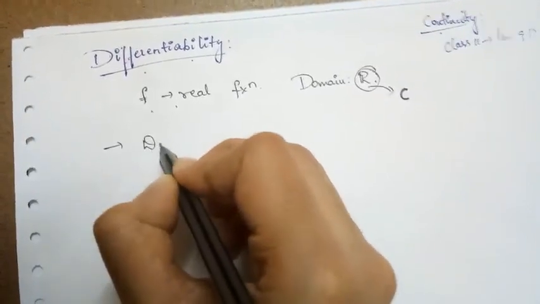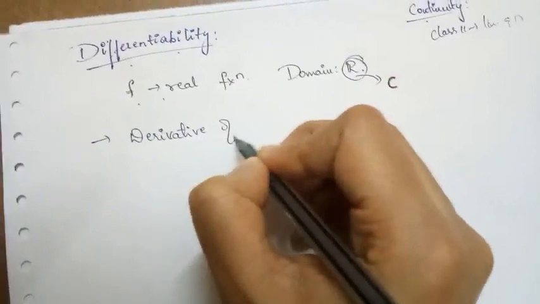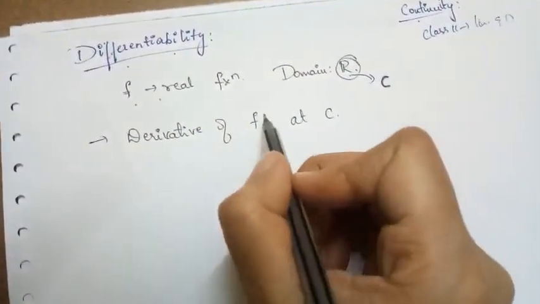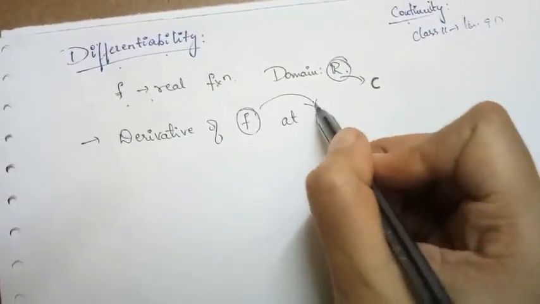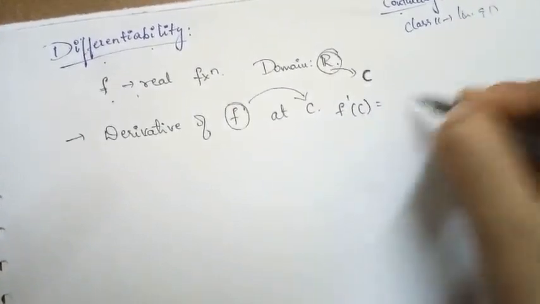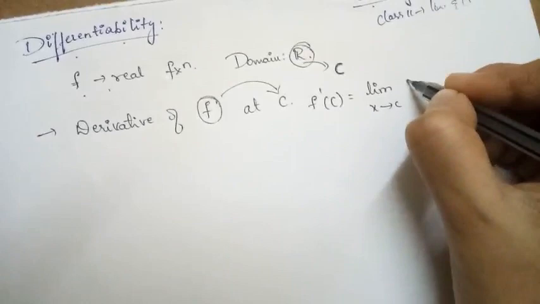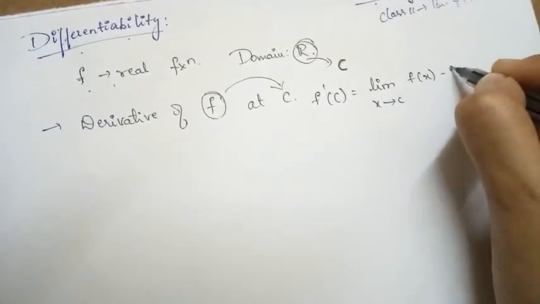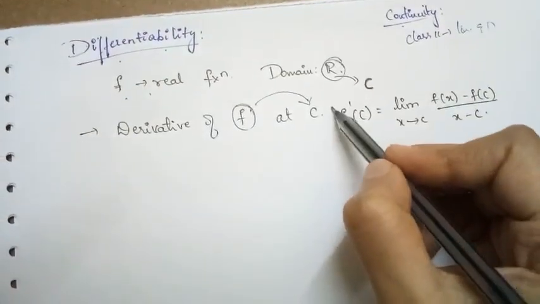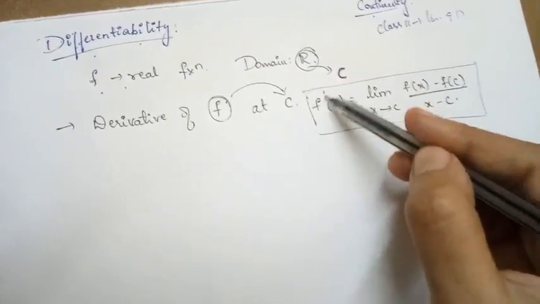How do we define the derivative of the function f at the given point C? It is f dash of C is equal to limit x tending to C of f of x minus f of C divided by x minus C. So the derivative of a function f at the point C is defined like this.